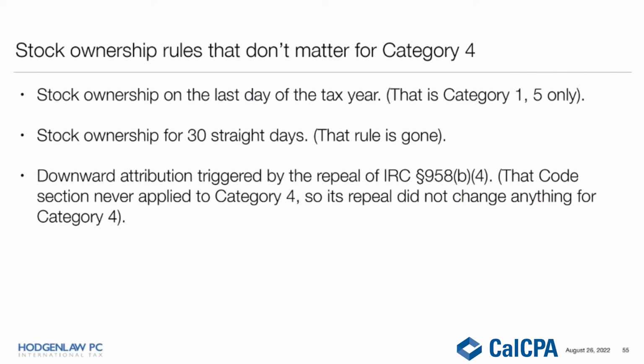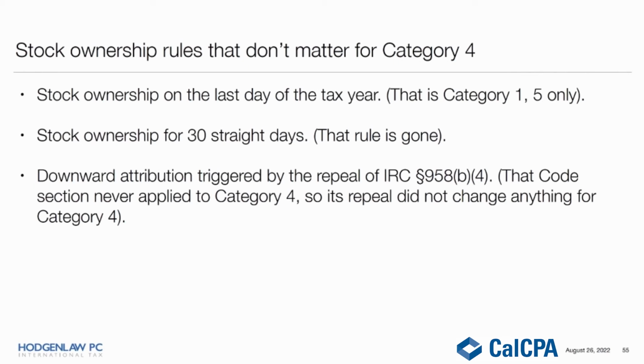No, not for category 4. That's category 1 and 5. There used to be a rule that said you had to own the stock for 30 days in a row. Well, that rule's gone. So you don't have to worry about that. But yet my brain still hangs on to that 30-day rule. And sometimes it kicks up and I have to remind myself, oh no, that's gone.